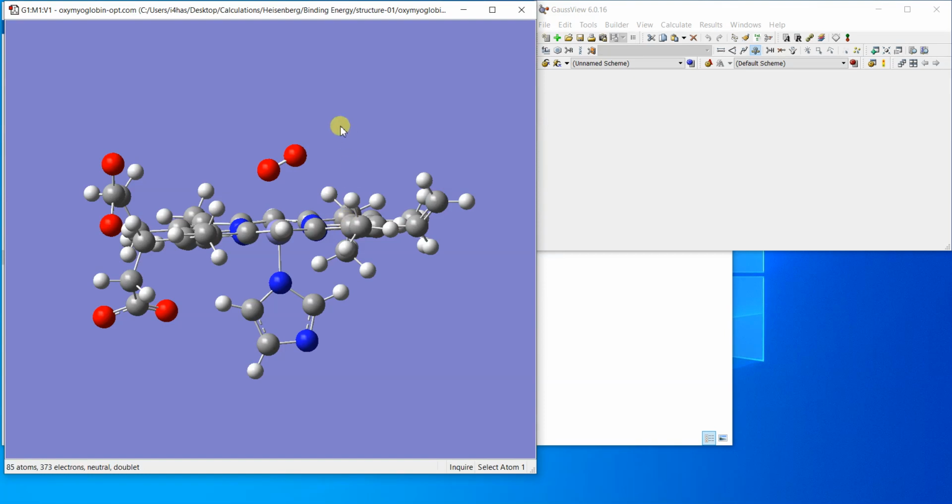So first I need to optimize this whole molecule, and then I need to optimize only one fragment, that is oxygen, and then I need to optimize this myoglobin molecule separately. Then I'll take those energies and put them in the equation to get the binding energy.